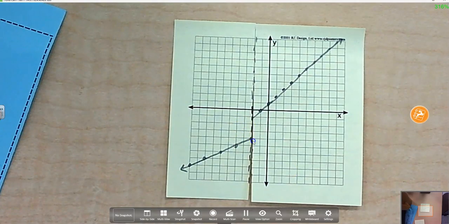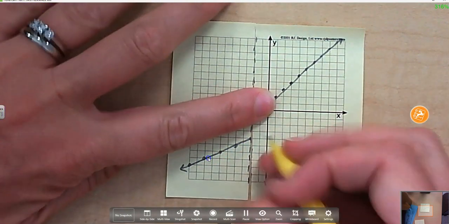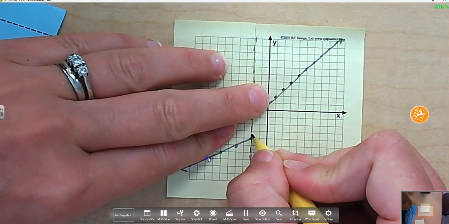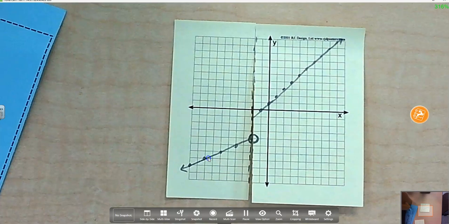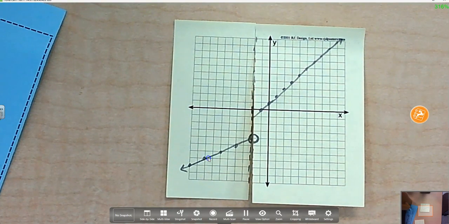On this graph, the 1/2 x minus 3 was this graph right here. And so I need it to end with an open circle right here. So I'm going to draw an open circle at that point. Because I'm only supposed to use it when x is less than -2.